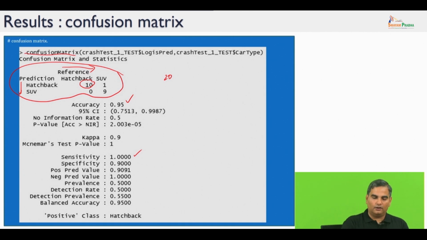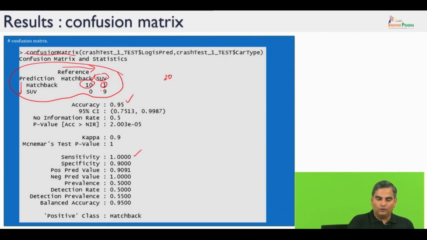So, these are all right predictions of hatchback. Now, if you look at this number, because we are going across this row, the prediction still remains hatchback. The classifier predicted this car to be hatchback. However, the reference is really SUV. So, this is a wrong classification of an SUV as a hatchback.